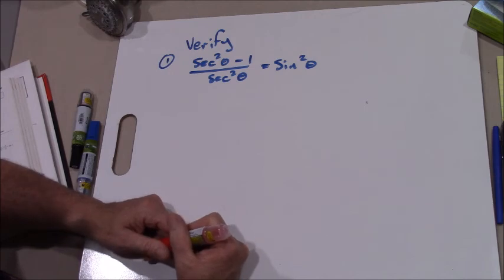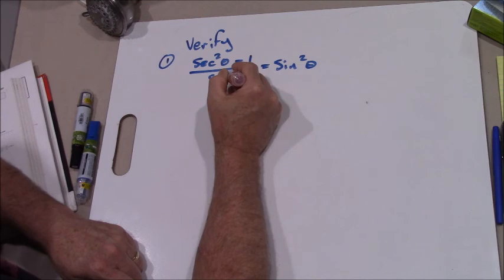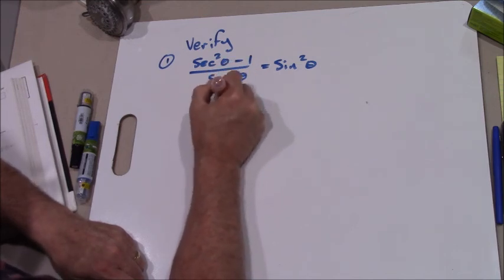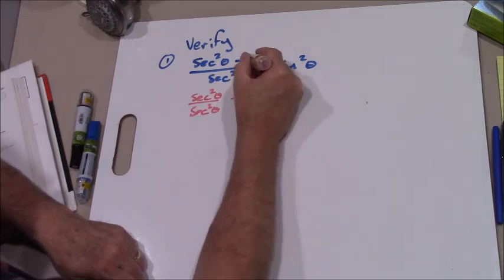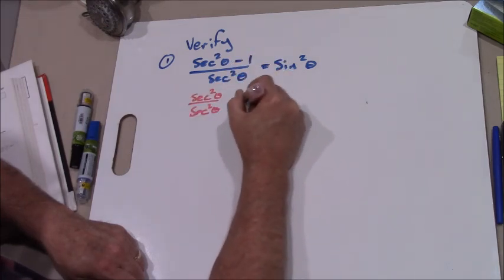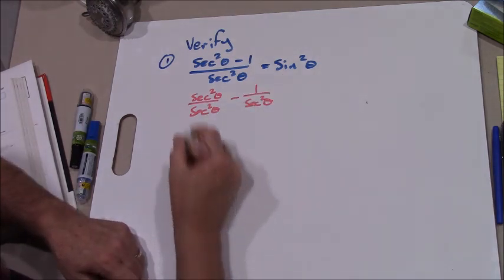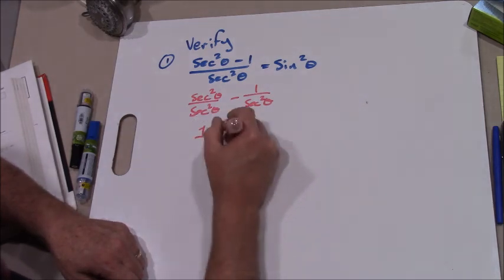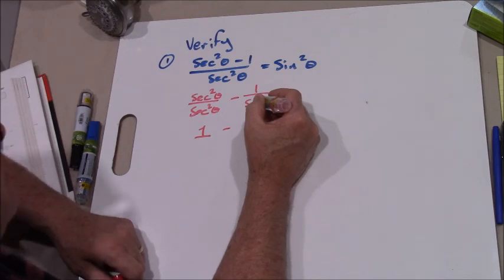So one of the things that I see first is that if I break this down into 2 different fractions, I would have a secant squared theta over secant squared theta minus 1 over secant squared theta. And then since that's the same top and bottom, that's really just equal to 1. 1 over a secant is really a cosine of theta.